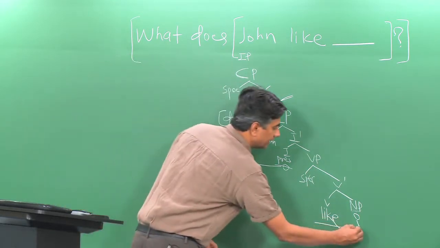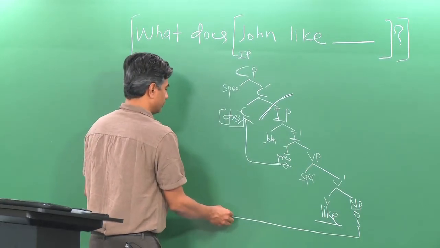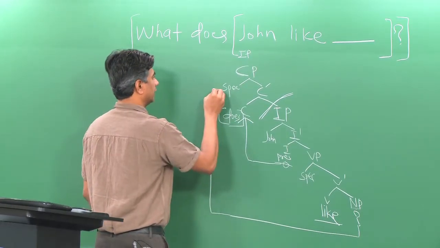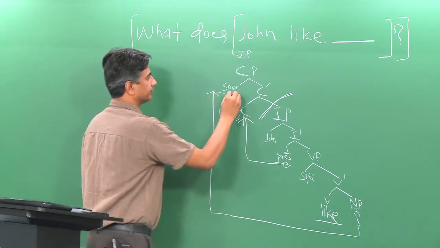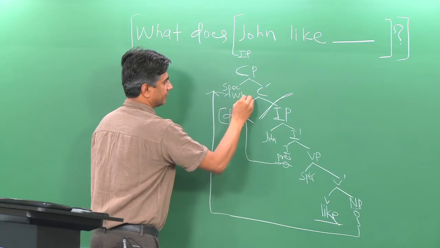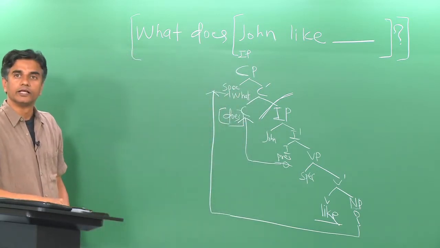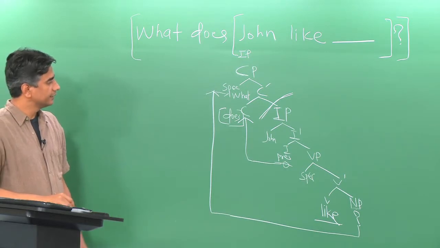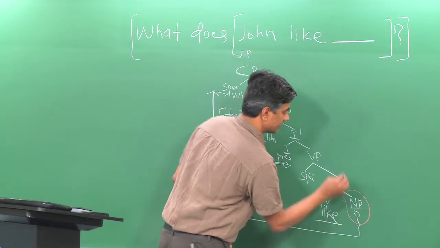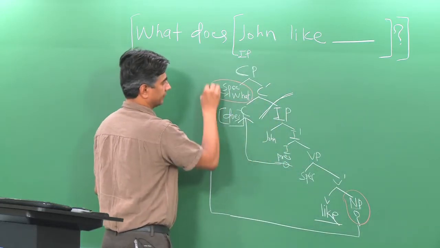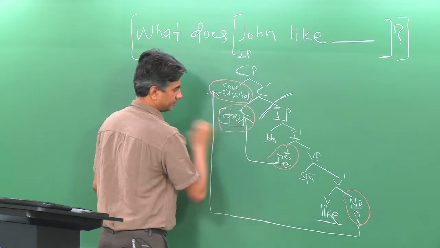And this NP gets to another position which can host another NP, which is in turn the specifier of the CP. See, this NP is represented here, and this thing comes here.